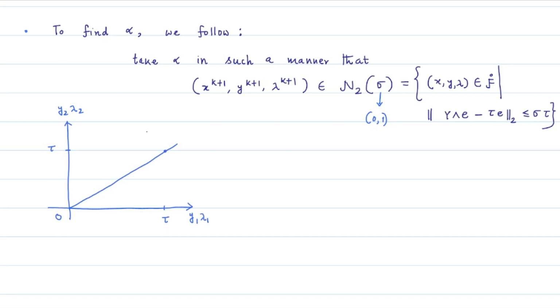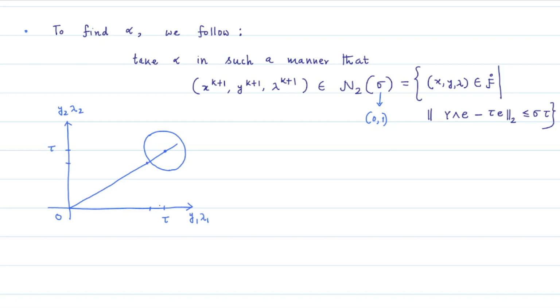So we get a circular region given by, say, this circle for this particular value of tau. And now when I reduce the value of tau, let's suppose my tau is over here, then accordingly I am getting a point over here.